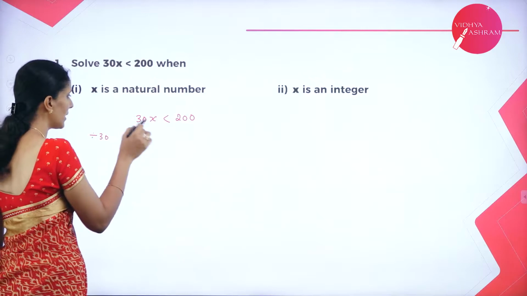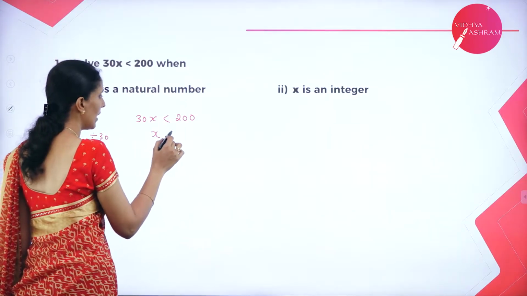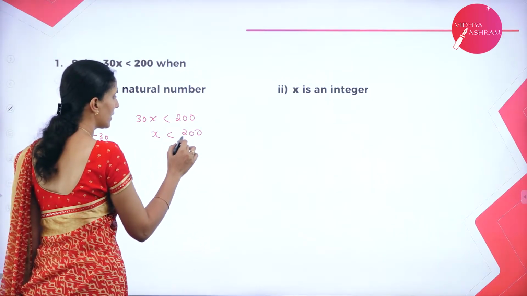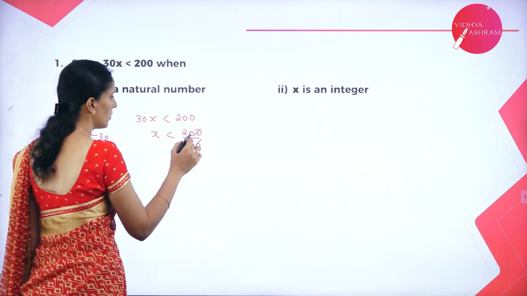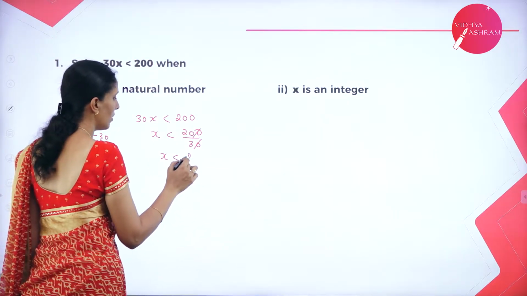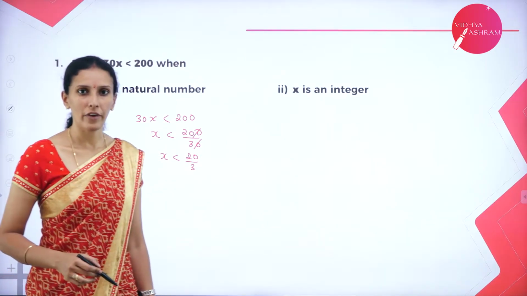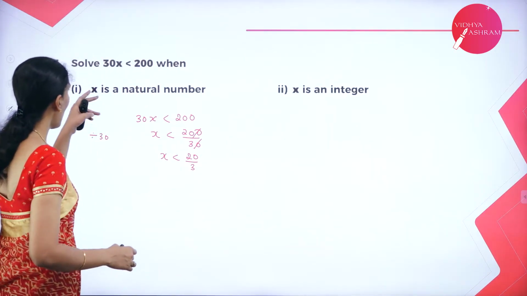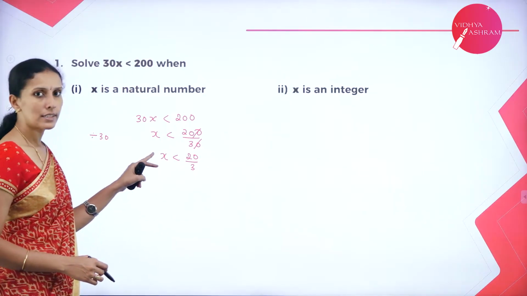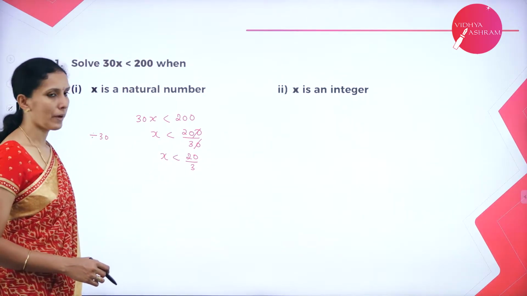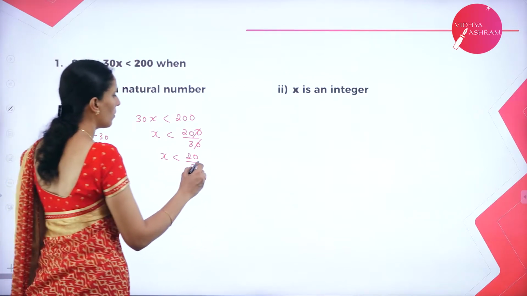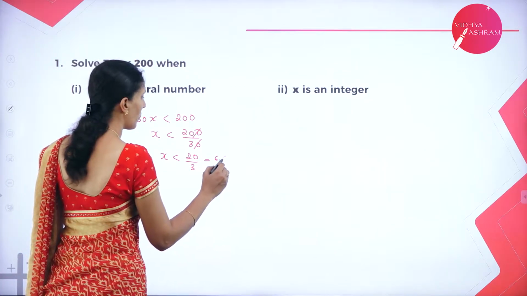If you divide by 30 on both sides, it is x less than 200 by 30, so x less than 20 by 3. Now 20 by 3 is a fraction. So I need all the solutions less than 20 by 3, which is approximately 6.6.